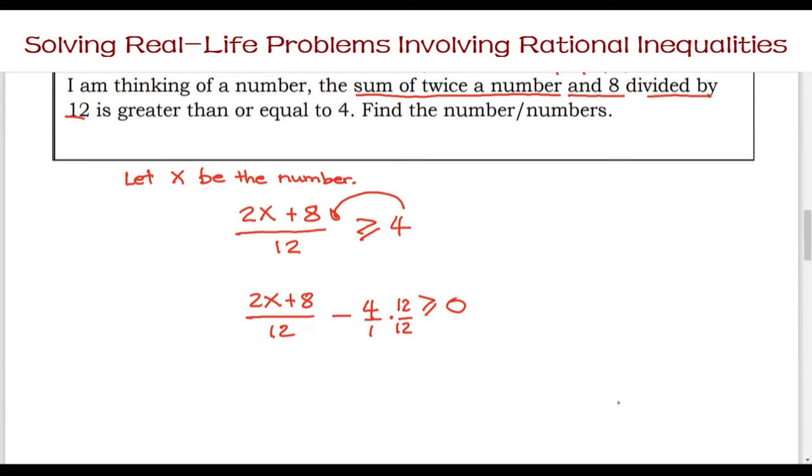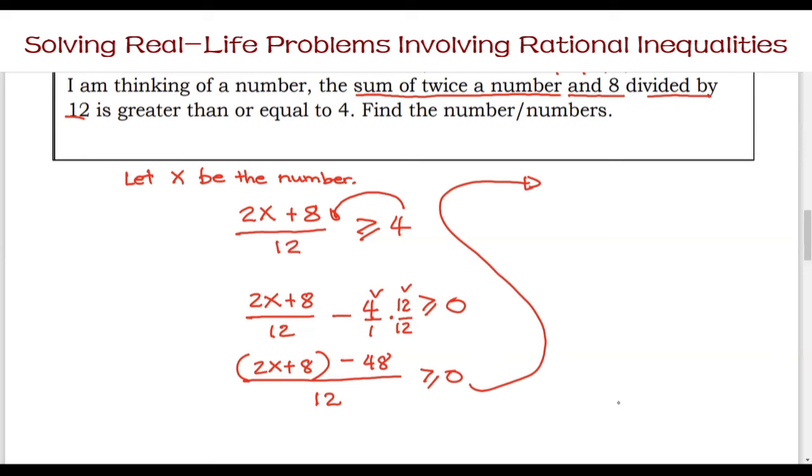So, madali nang pagsamahin. So, ito ay 12. Ito ay 2x plus 8. Ito yung para sa unang fraction. Minus, ito ay, sige, if you want, 4 times 12, what do you get? 48. Greater than or equal to 0. Okay? If you continue, dito natin i-continue.